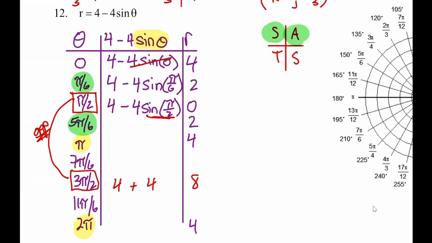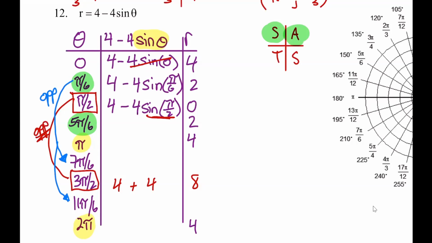And the same idea holds true. Let me go blue for those people who are at home. These give opposite results, pi over 6 and 7 pi over 6, because the sine function is negative in the third and fourth quadrant. So in the case of pi over 6, I was doing 4 minus 4 times positive 1/2.